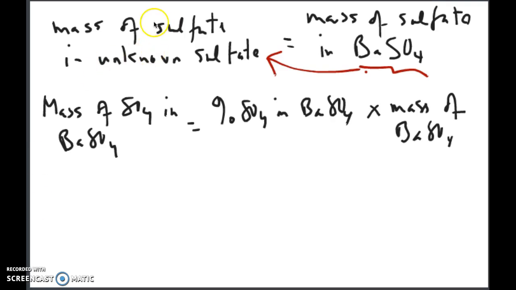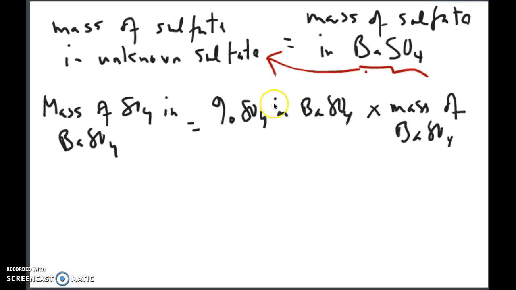So once you understand that the mass of sulfate in the barium sulfate is the same as the mass of sulfate in the unknown sulfate, then what I can do is first calculate how much sulfate I have in my barium sulfate. Well, that is not a difficult calculation to do, because we can use the concept of percent composition to help us calculate out how much sulfate is in there.